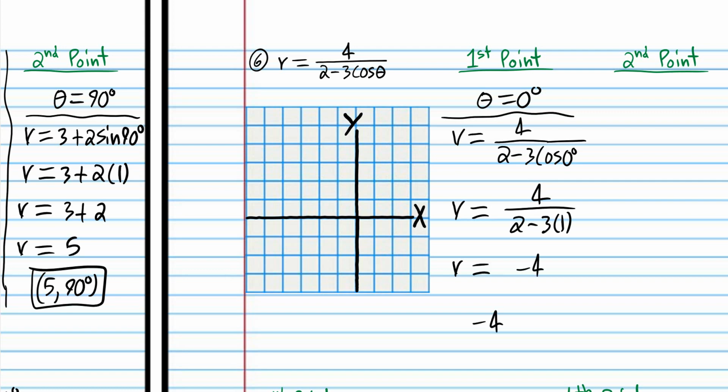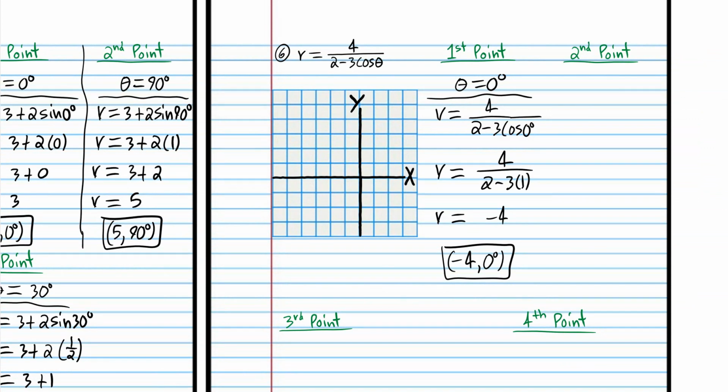So the point that we're looking for is -4 comma 0 degrees. So I'm going to count out -4, which means I have to go to the left, and then I'm going to rotate 0 degrees, which means I'm not going to rotate at all. So that's the point there.